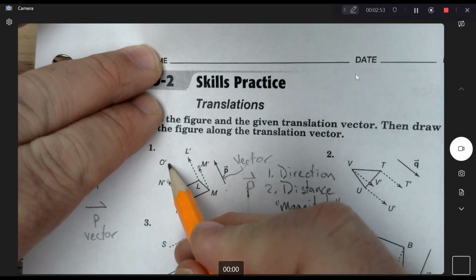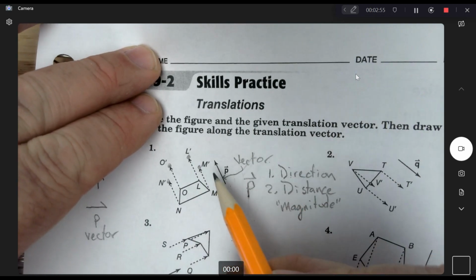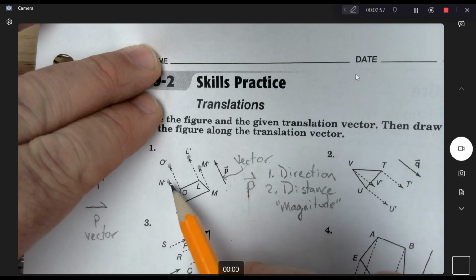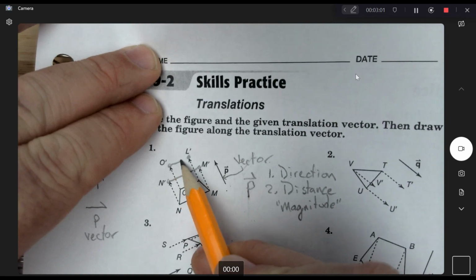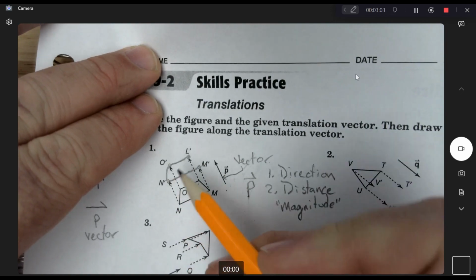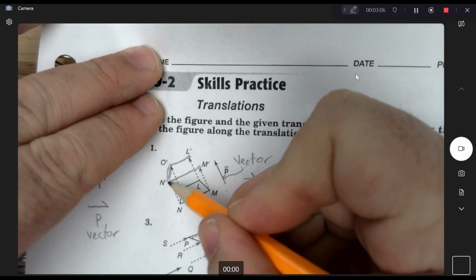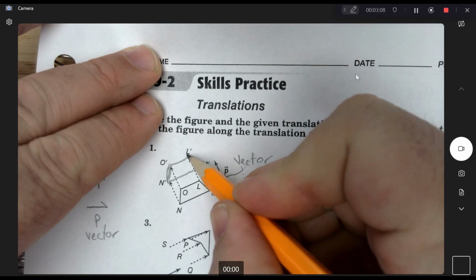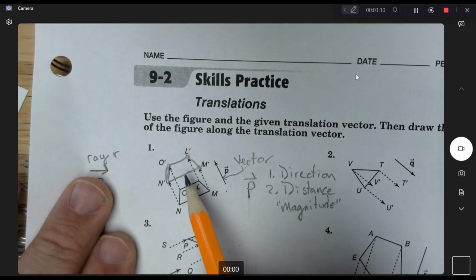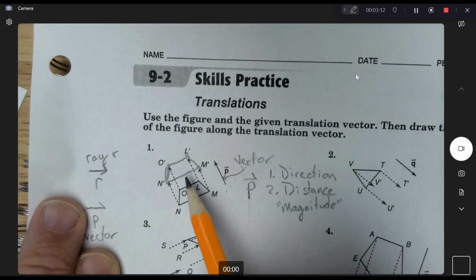So we have L prime, M prime, N prime, and O prime. If you connect them, you have your new translated trapezoid. So pretty straightforward.